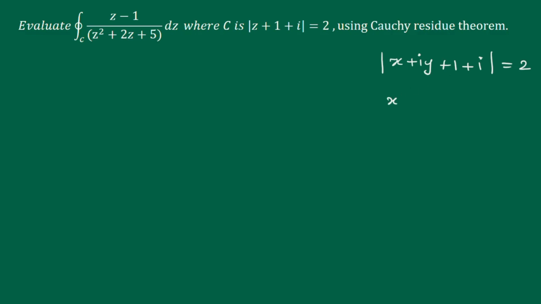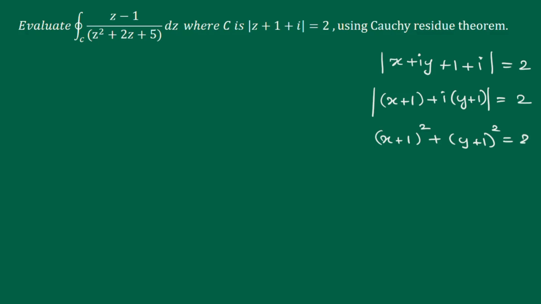So now collect the real part separately. So x plus 1 is the real part, and the imaginary part is the term containing i, so y plus 1 again. So the modulus of this is equal to 2. Now this is a complex number, so taking the modulus and squaring on both sides, we can write (x plus 1) whole square plus (y plus 1) whole square is equal to 2 square.